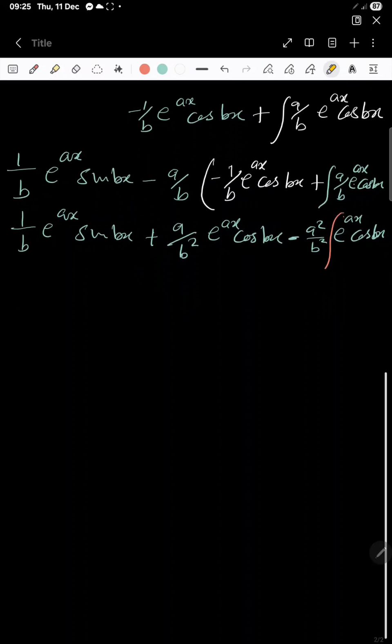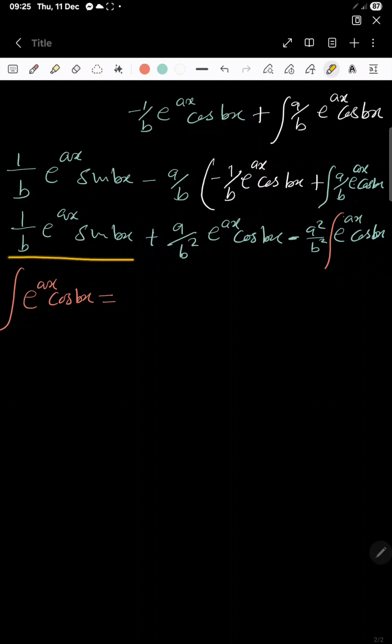So now we say we are getting the integral of e to the power ax cos bx, which is equal to the answer we've gotten here.